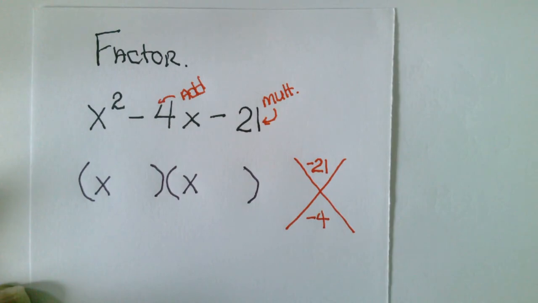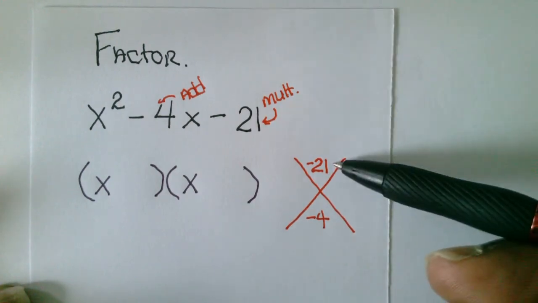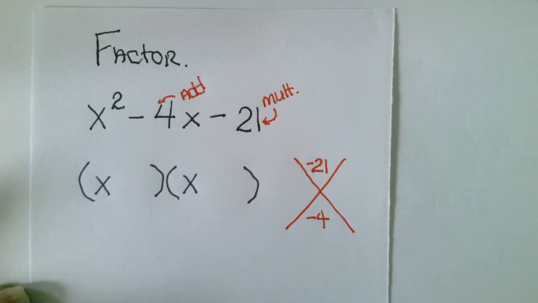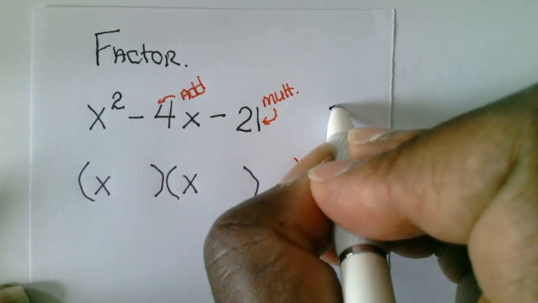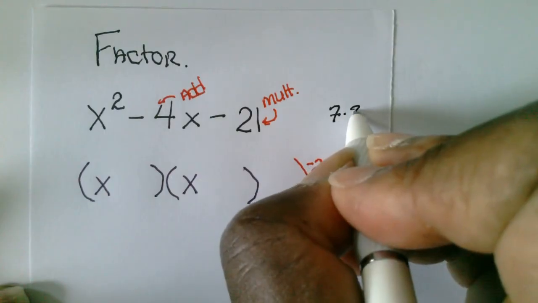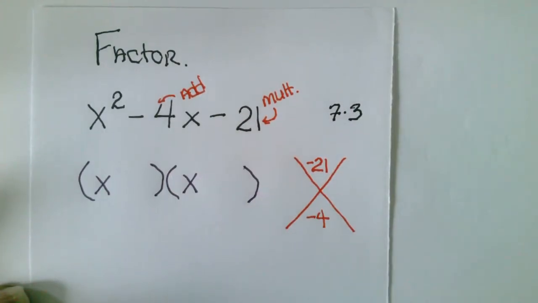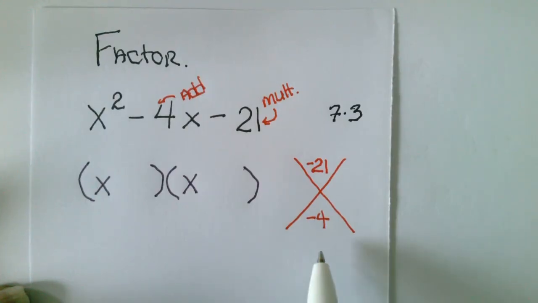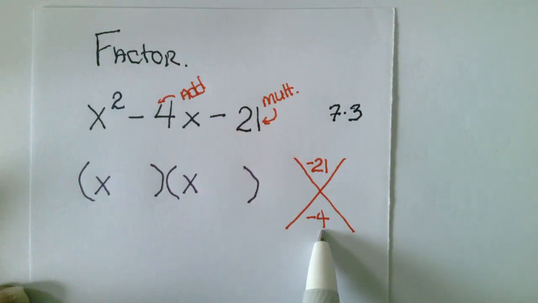Okay? So now, what two numbers multiplied to give me 21? So I got a 7 and a 3. Okay? Because the only other factors that 21 has is 1 and 21, and that's not going to help us. So now we have to figure out which one is going to take on the negative.